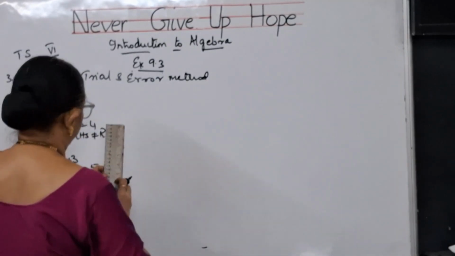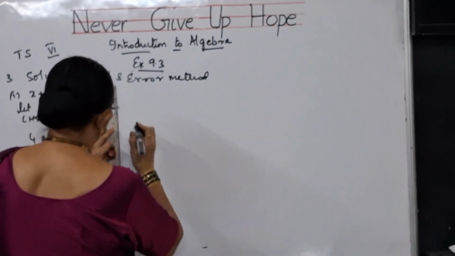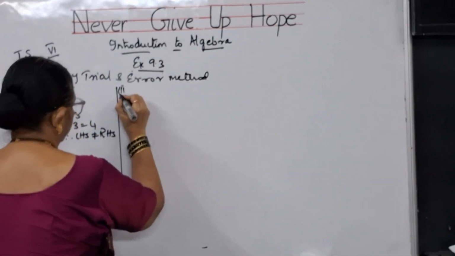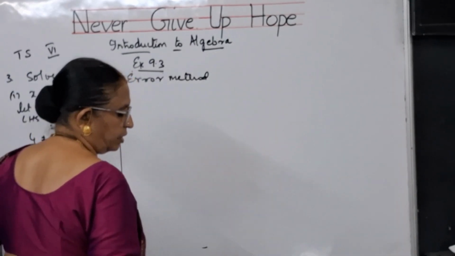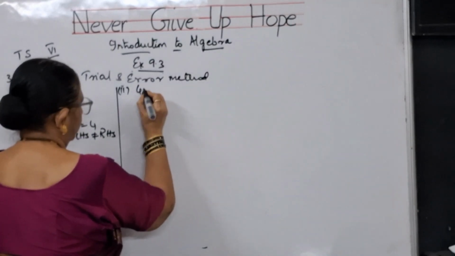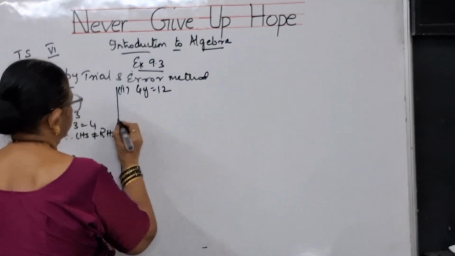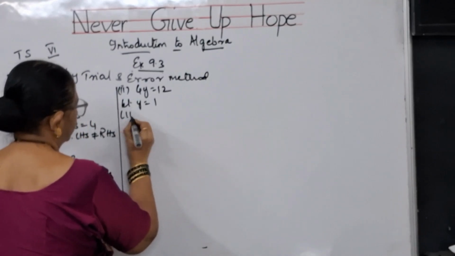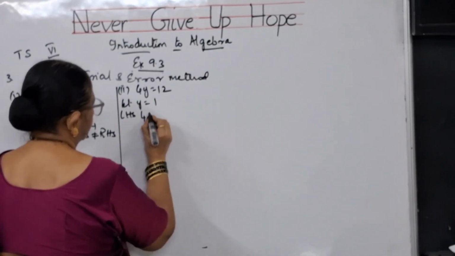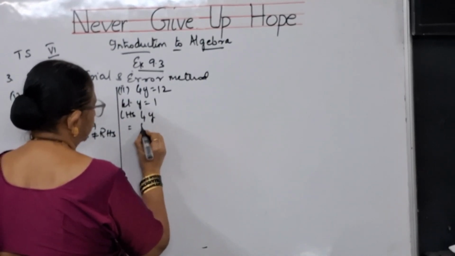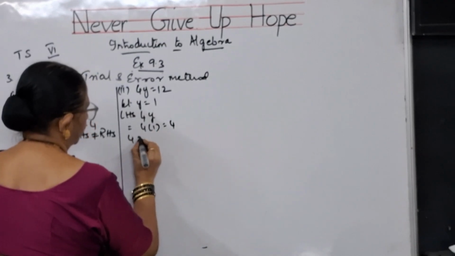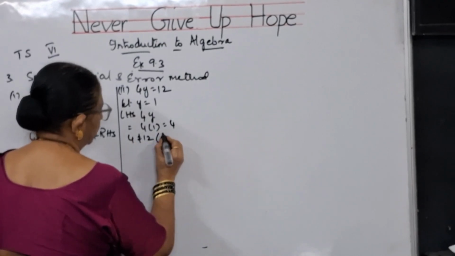Now, we will see the second one. Second one is 4y is equal to 12. Let y is equal to 1. LHS 4y means 4 into 1, that is equal to 4. 4 is not equal to 12.